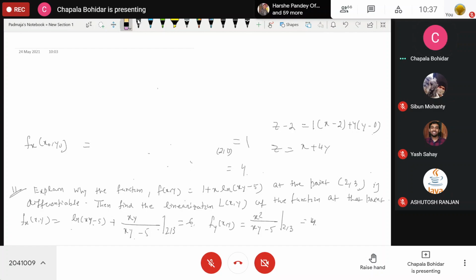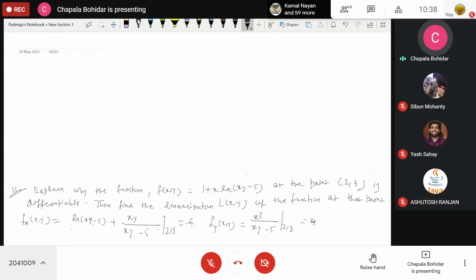Bharkara, you find out the linearization at this point. Linearization formula is L of x, y is equal to f of a, b plus f_x at a, b times x minus a, plus f_y at a, b times y minus b.